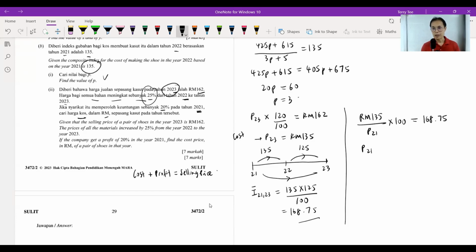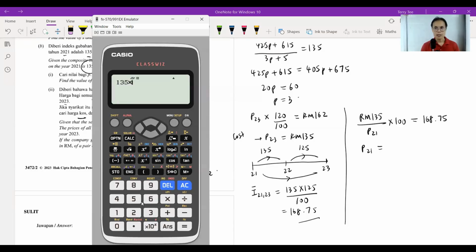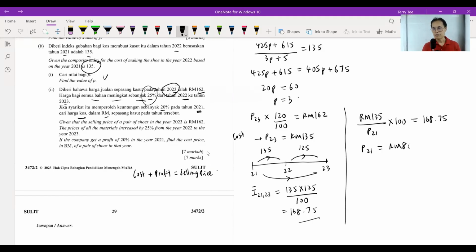That's before you increase the price. 135 times 100 divide 168.75. There you go. Your cost is 80 ringgit. Because your cost has gone up from 80 ringgit by 68.75% to 135 ringgit. Someone you make a profit of 20%. So you mark up. So that's why you sell the shoe at a price of 162.